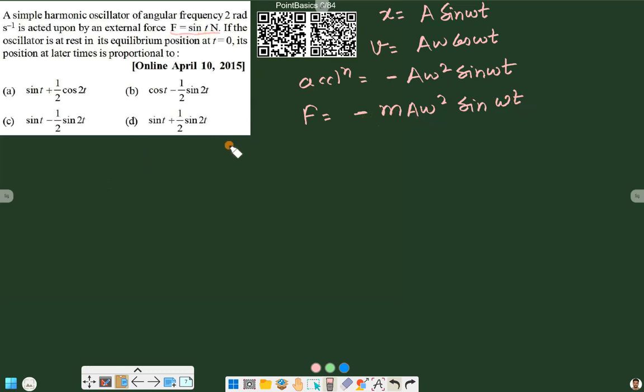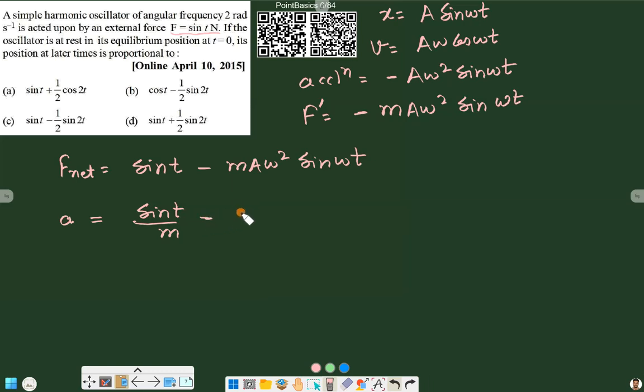Then the net force will be a combination of both of these, so it will be sin t minus m a omega square sin omega t. From this the acceleration will be, dividing by mass, sin t by m minus a omega square sin omega t.